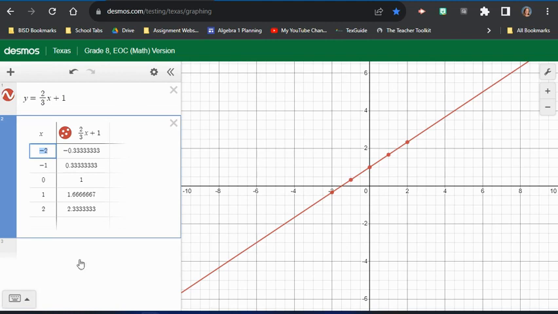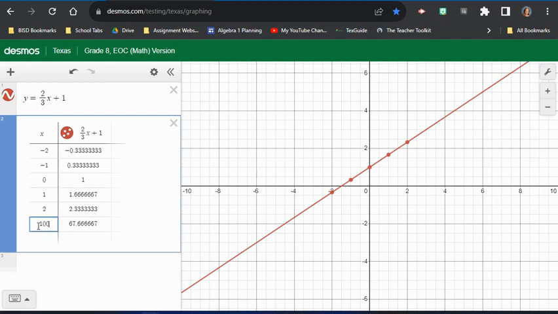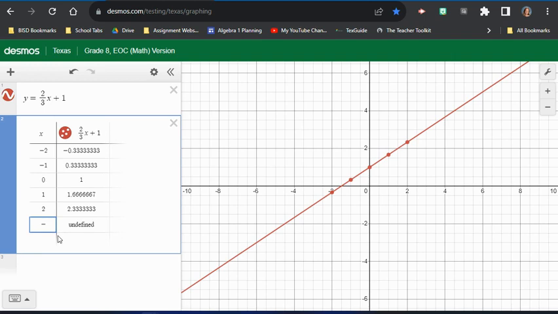But if I want a particular one, so let's say I want to know what it is when x is 100. We can actually do that. In the calculator, we can't do that. We got to scroll until we get to 100. Back it up. Let's do -50.